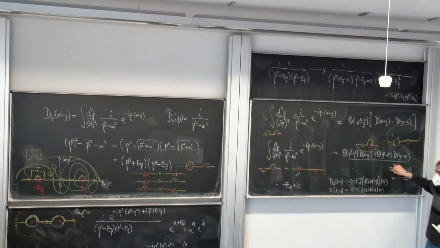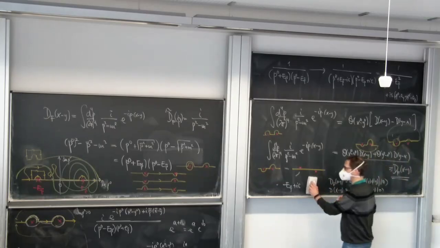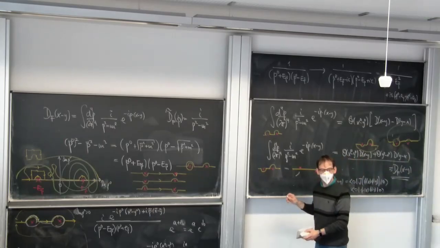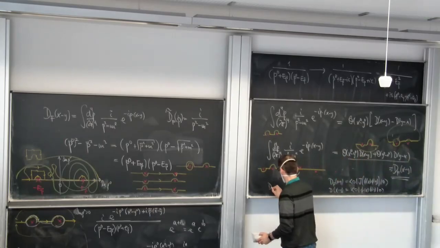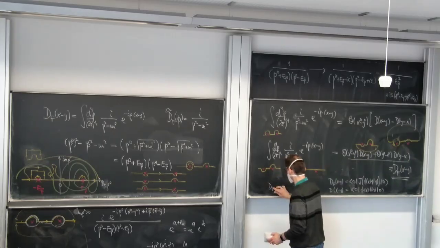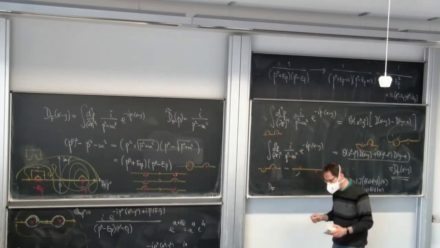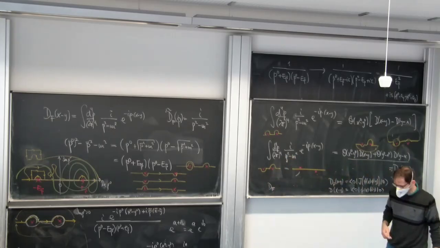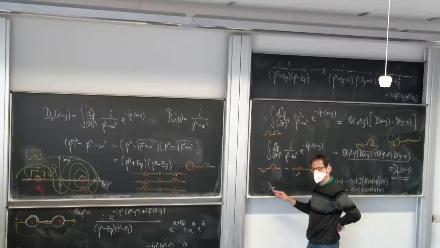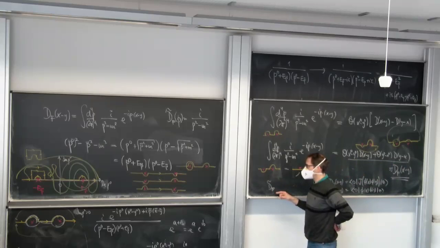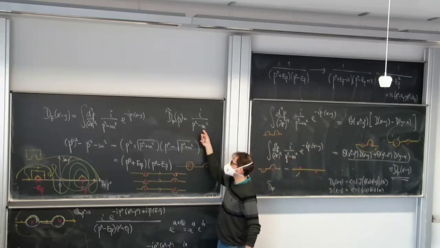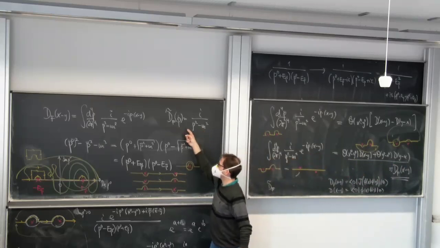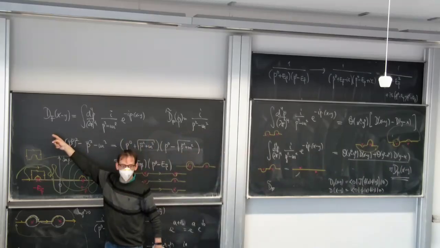Then we derived the differential equation for the DF. Identify this as a Green's function. And then we went to the Fourier space, and then we could solve the equation, and that was the answer. And then we went back with the Fourier transformation, got to this formula.